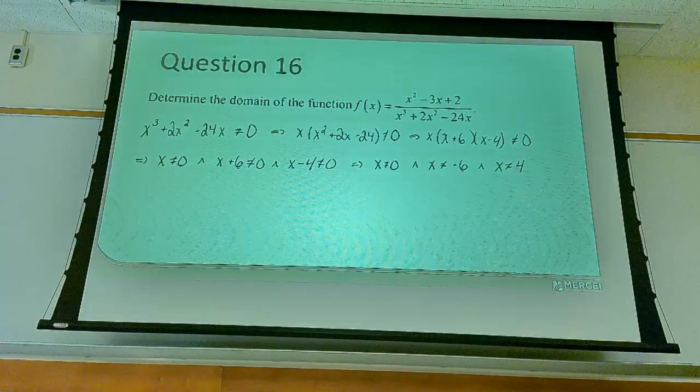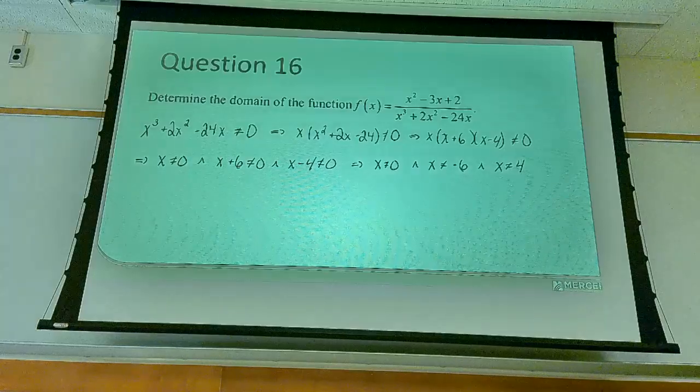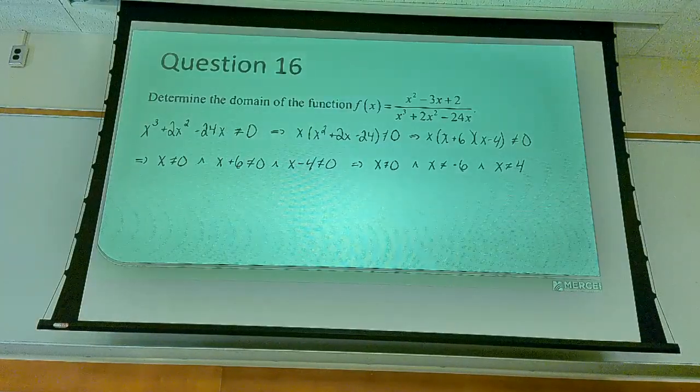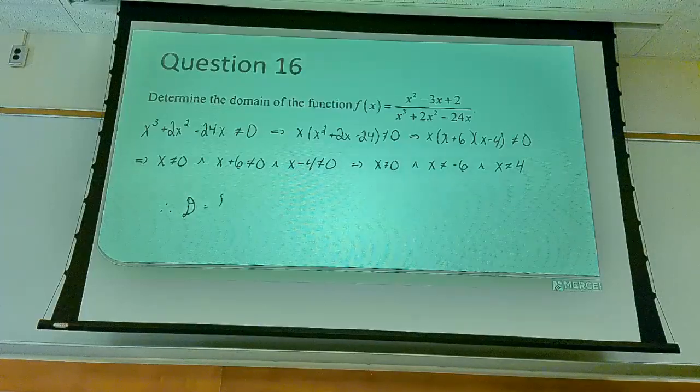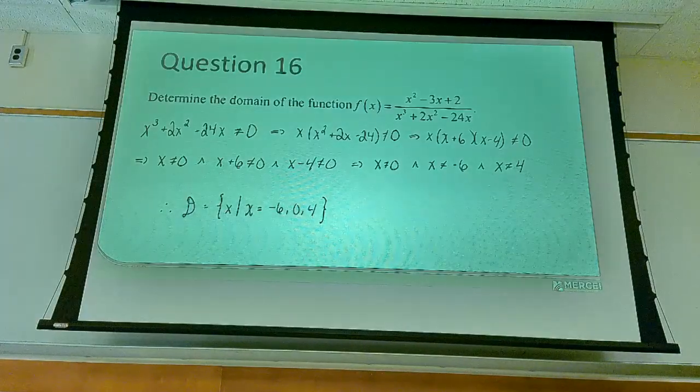There is no radical, right? So we don't have to worry about that. We're done. Set of all x such that x is not -6, 0, 4. That'd be the set builder notation.